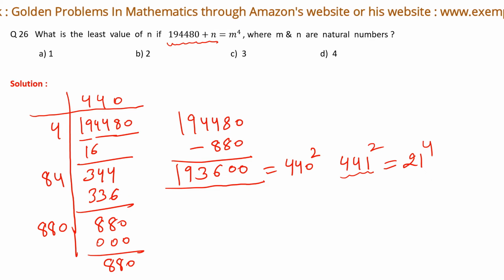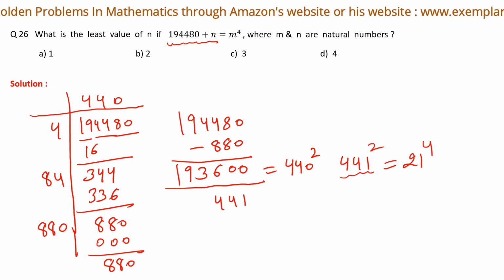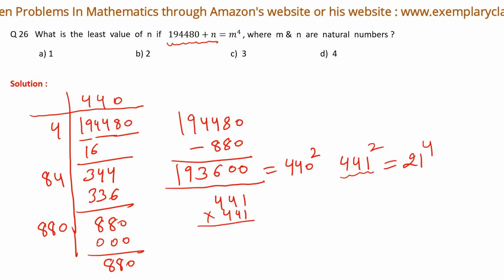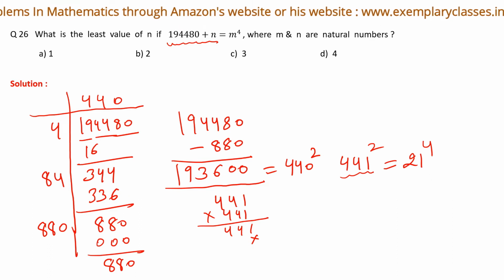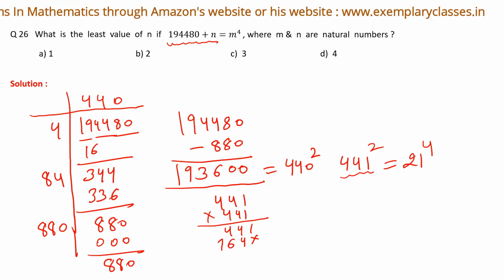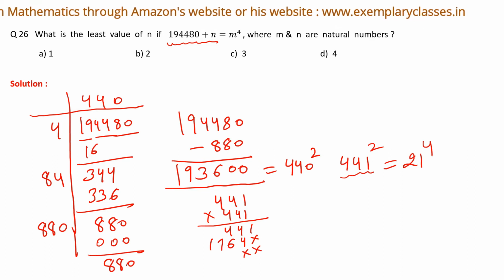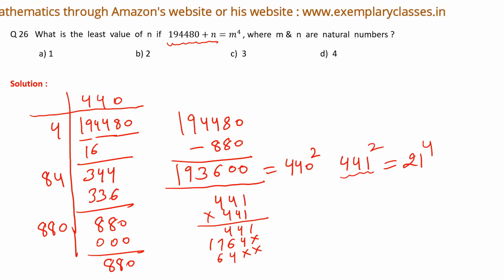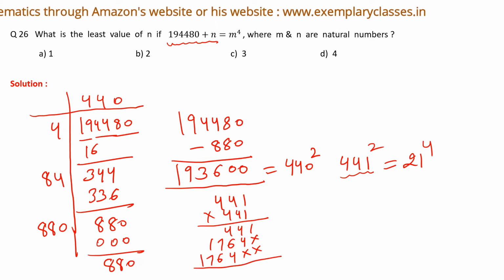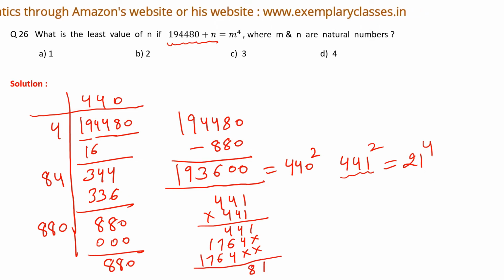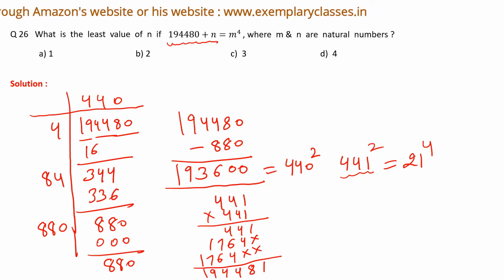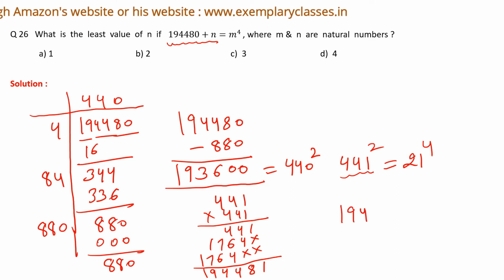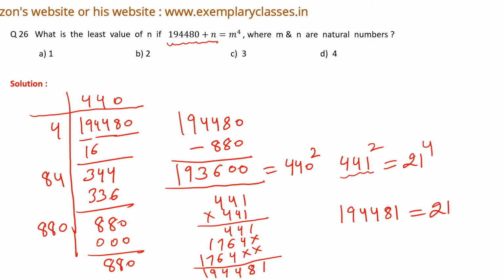So now let's do the calculations. First of all, find 441 square. So this quantity comes as 194481. Now students, 194481 comes out to be 21 power 4.